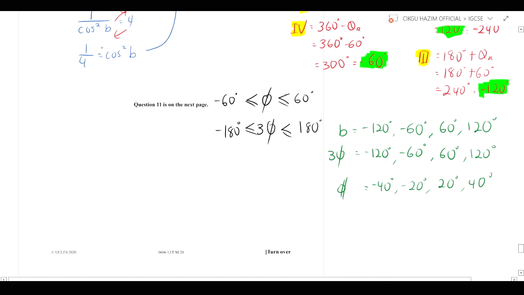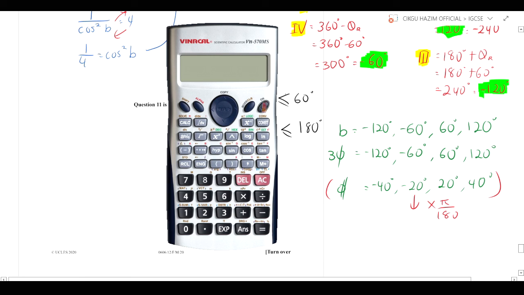Then we change it back into radians. How to change it to radians here? You multiply everything by pi divided by 180 degrees. Or just to make it easy, you just divide by 180 degrees, because your answer is still in pi. So negative 40 divided by 180, you should get the fraction negative 2 over 9.